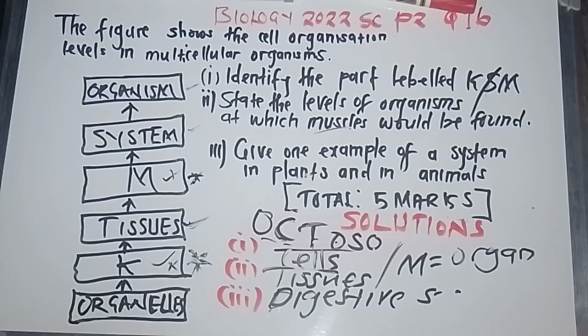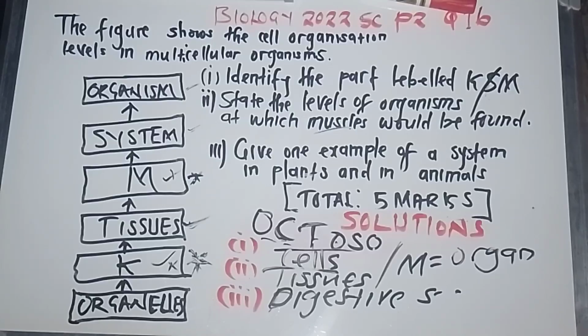But again, there are many systems. I don't know if you are able to think about them. Let me give you another example, which is common. It is found in both animals and plants. We can talk of the reproductive system. The reproductive system is a system which actually involves a lot of organs. Now that is in animals. In plants, you can also give the reproductive system.